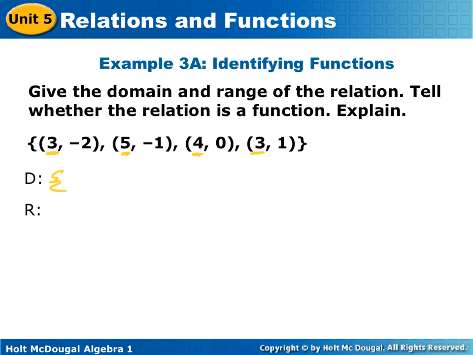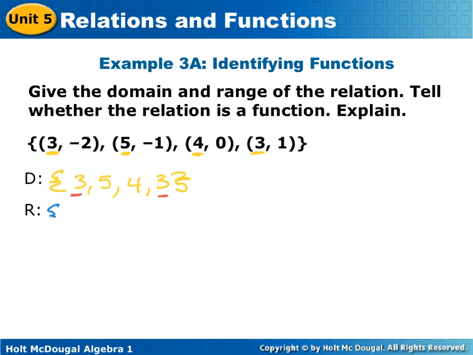So as I list these, I've got 3, 5, 4, and then, what do you see again? 3. Now, for me, when I see that, I like to go ahead and underline them because that tells me this is probably not going to be a function. But I'm still going to check it out and see what happens.